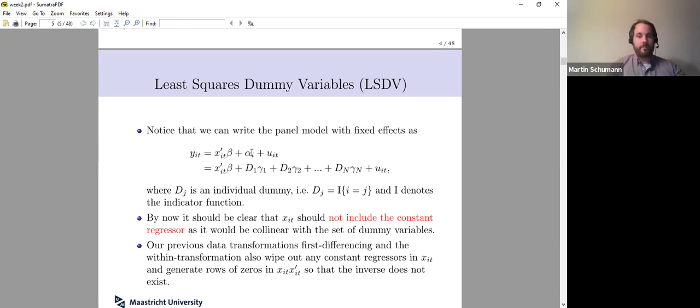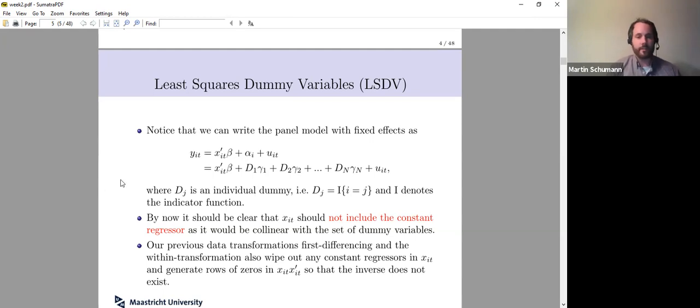So this alpha_i can be written as simply N individual-specific dummy variables. So each of, for instance, D1 is a dummy that stands for individual 1, and DN stands for individual capital N. And you see that, of course, for each i, only one of those individual dummy variables will be 1.